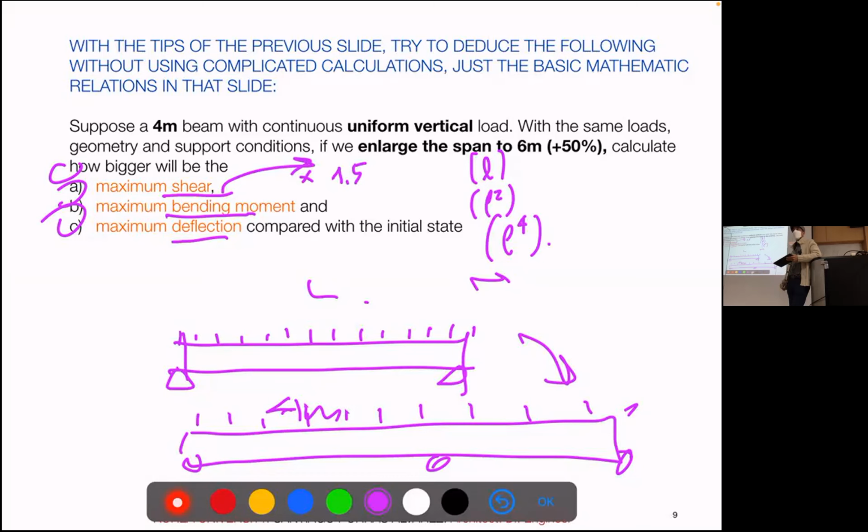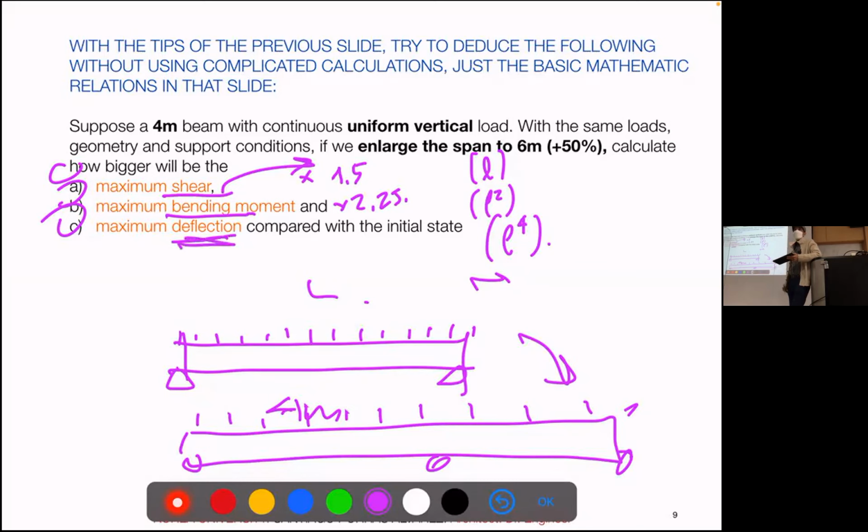What about the moment? Come on, it is the square of 6 divided by the square of 4, right? Which is 9 divided by 4. By memory it is 2.25, right? We don't need to calculate. Anybody can do 9 divided by 4 by memory, right?